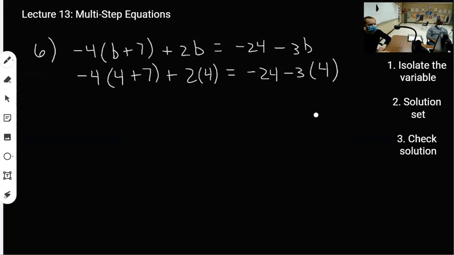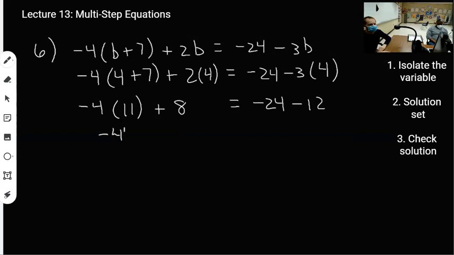So now I have a bunch of stuff that I can do. I can do 4 plus 7, which is equal to 11. I simplify that. 2 times 4 is going to give me 8. And 3 times 4 is going to give me 12. So on the left side, I have negative 4 times 11.